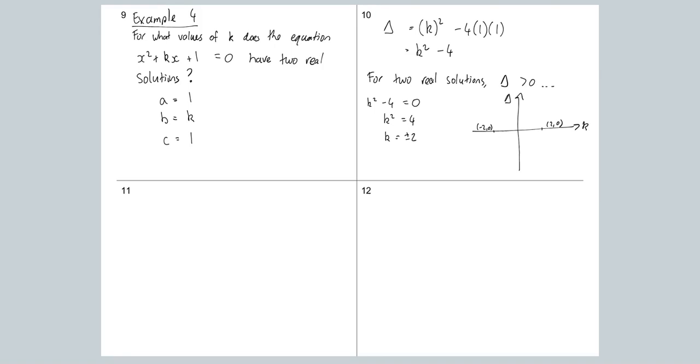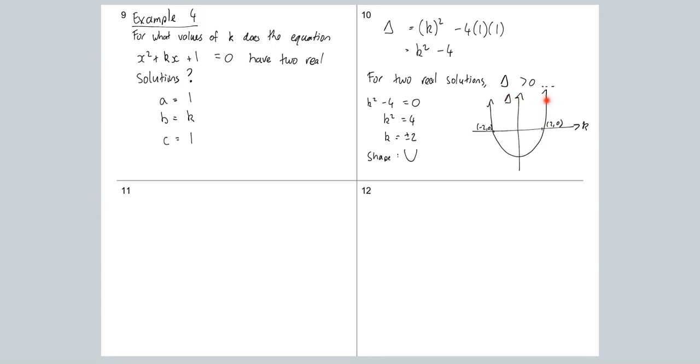I'm not interested in working out the turning point. The turning point's not important, but the shape of the graph is. And because it's k squared minus 4, we've got a positive k squared there. The shape is a smiley graph. And so if I draw it, I don't care whether I've got the turning point in the right spot or not. The important thing to note is where in this graph is delta bigger than 0?